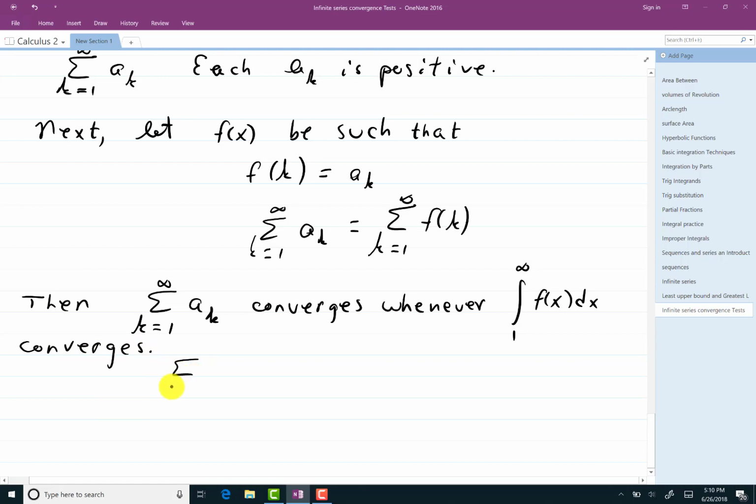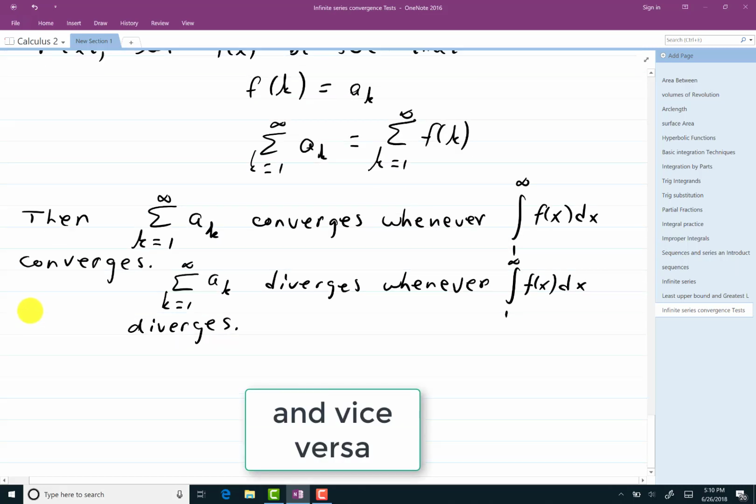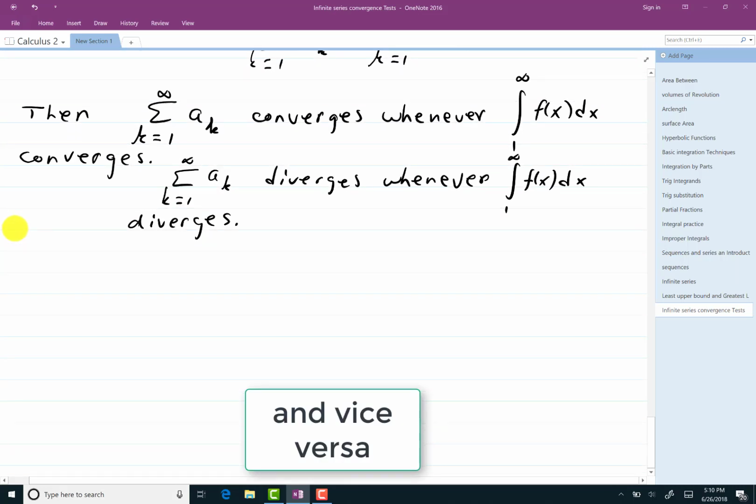And the summation k equals 1 to infinity of a sub k diverges whenever the corresponding integral diverges. This is referred to as the integral test.